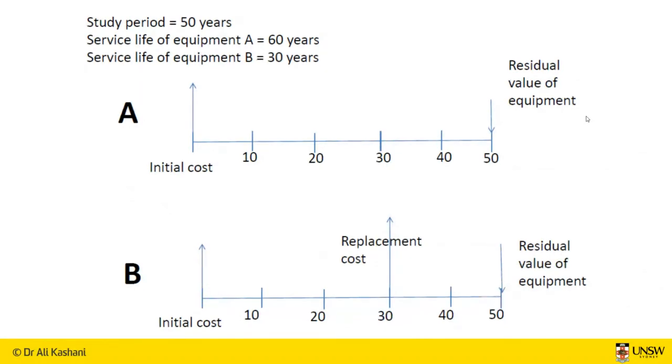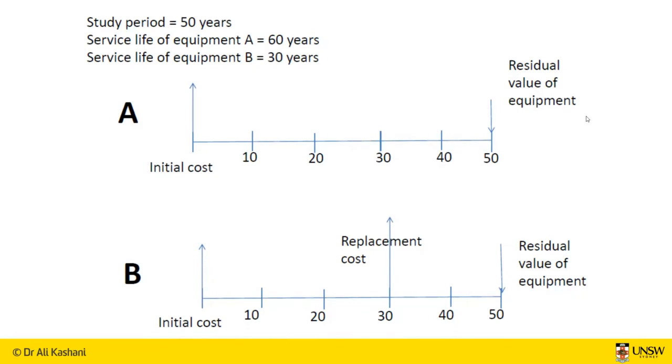But for example, when you look at equipment B, the service life is only 30 years, but you want this equipment to work in your building for 50 years, which means that after 30 years, you need to replace that. So you get some replacement costs, which can be even higher than your initial cost.